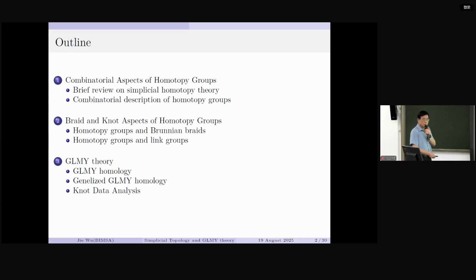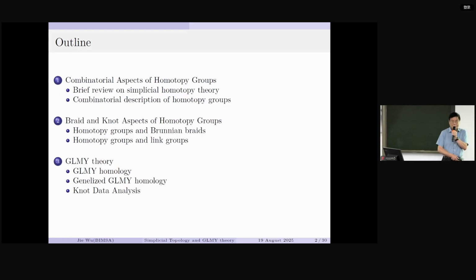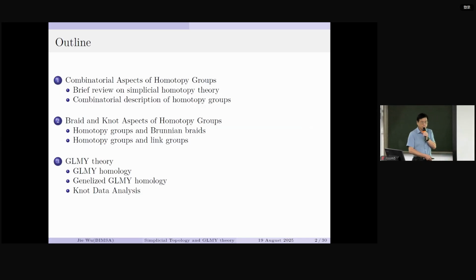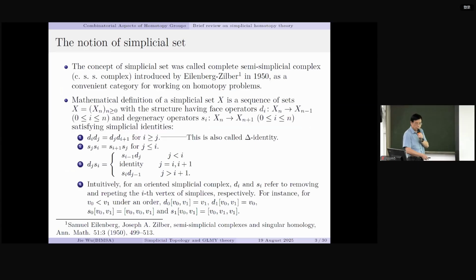The second part is using these simplicial theories to establish some fundamental connections between algebraic topology and low-dimensional topology. And in the last part, again using simplicial technology, we can make algebraic topology into applications and develop a new theory called GLMY theory. Okay, now let's move to the first part.